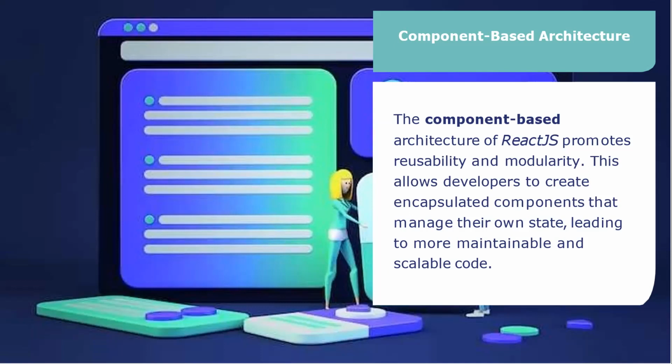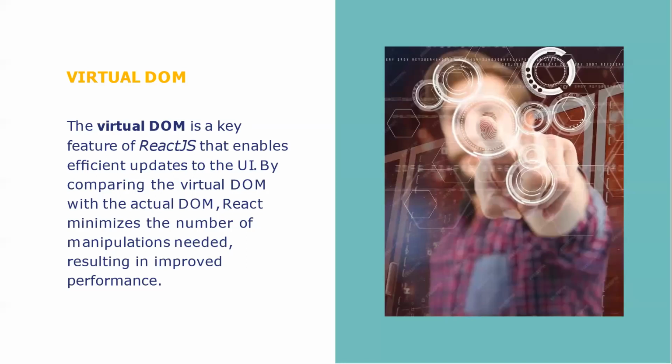This allows developers to create encapsulated components that manage their own state, leading to more maintainable and scalable code. Basically, component-based architecture enhances the reusability and modularity of code. This is the basic use of component-based architecture in React.